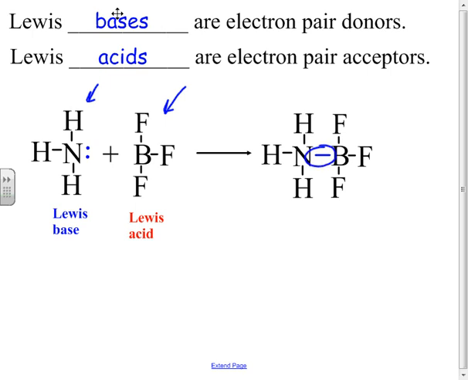Here is the bond that is formed. To determine which one is the Lewis acid and which is the Lewis base, we have to ask ourselves, where did that pair of electrons come from? It comes from the ammonia, so that is our Lewis base. The boron trifluoride is going to accept that pair of electrons when the bond is formed. Therefore, it is our Lewis acid.